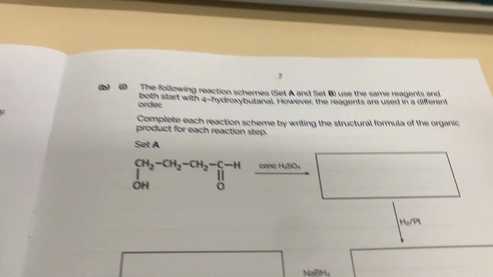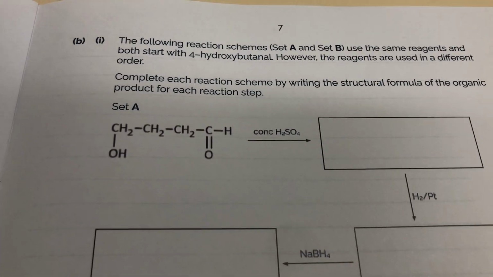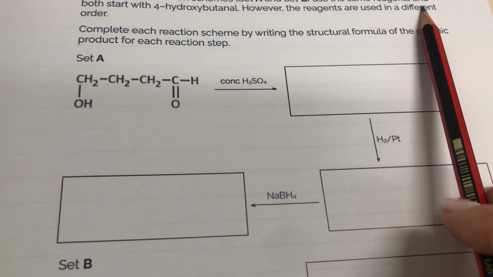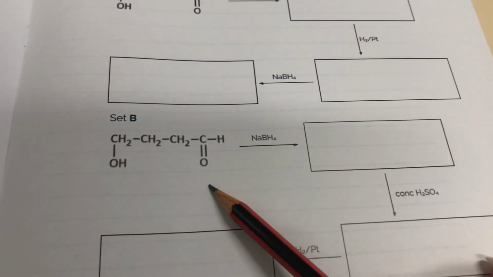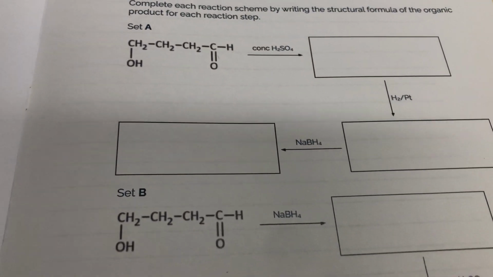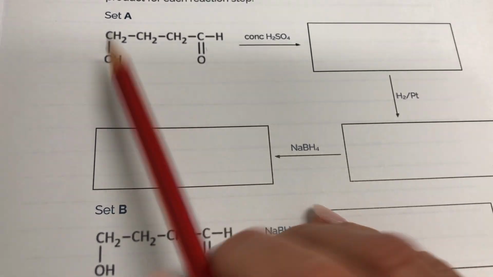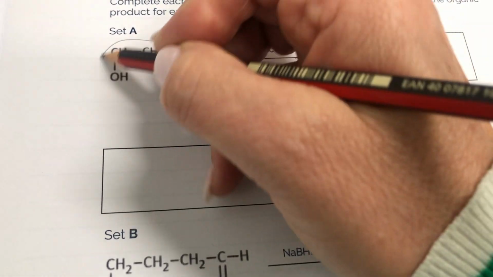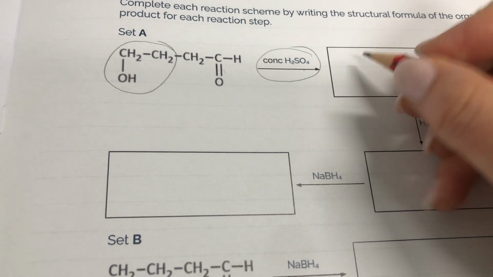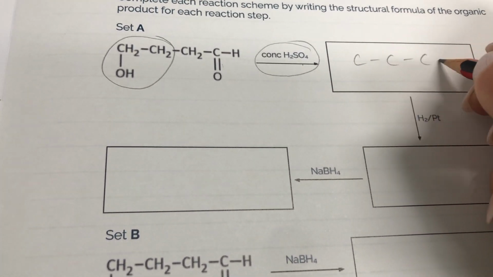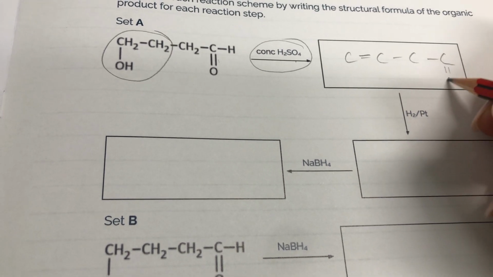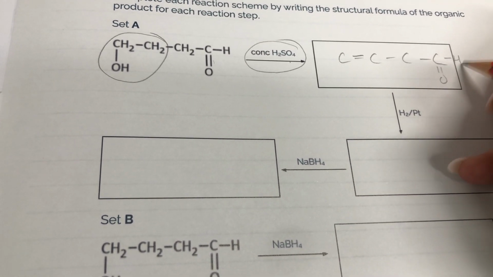And here we've got two reaction schemes that we need to compare and contrast. Both use the same reagents, both start with the same reactant, but they're used in a different order. So conc H2SO4 is a dehydrator, so we're going to eliminate up here. So we're going to keep our 4 carbons, and we're going to make a double bond there, and the aldehyde is not going to change.